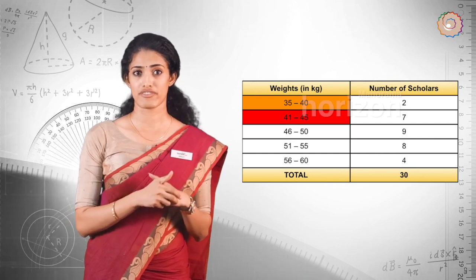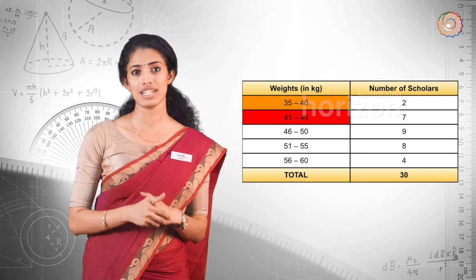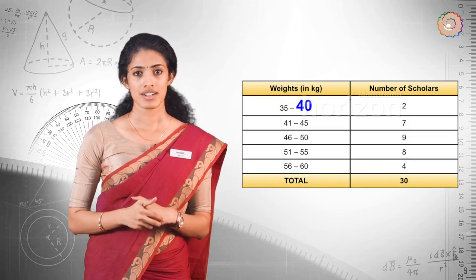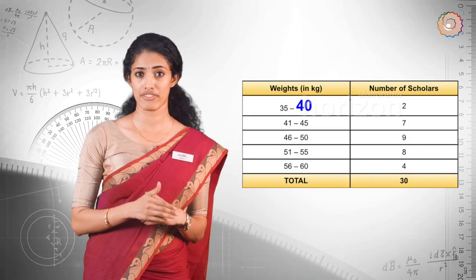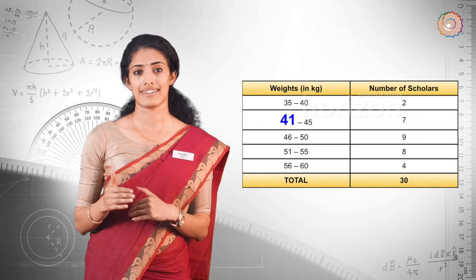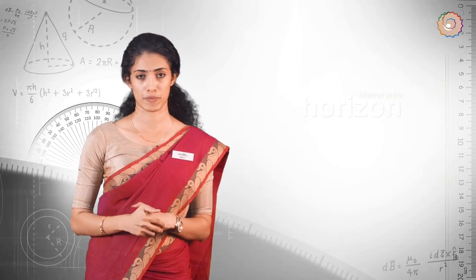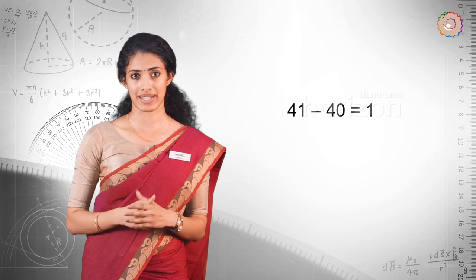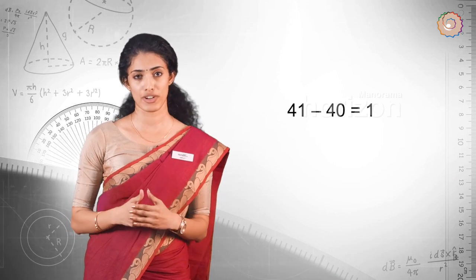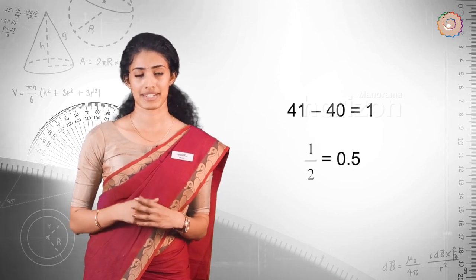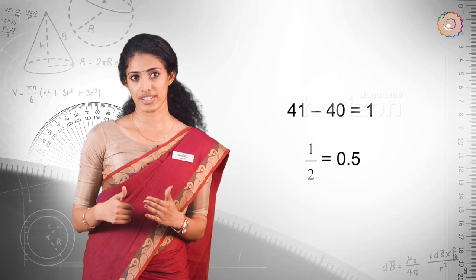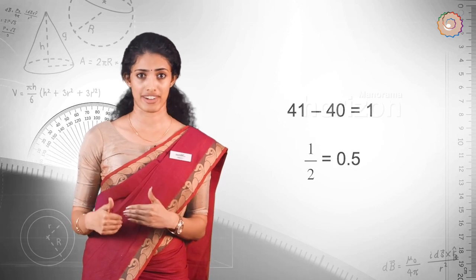Take the upper limit of the first class and the lower limit of the second class. The upper limit of the first class 35 to 40 is 40 and the lower limit of the second class 41 to 45 is 41. Calculate the difference between them. That is 41 minus 40, which gives you 1. Right. Now you halve that difference, which gives 0.5.